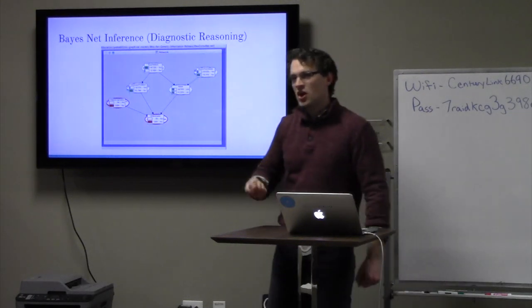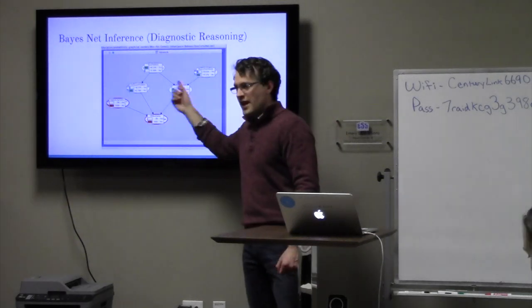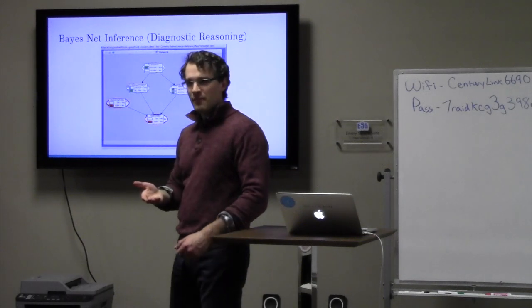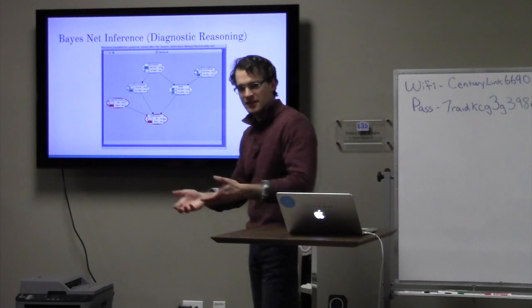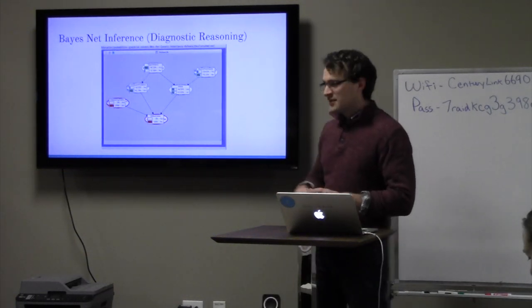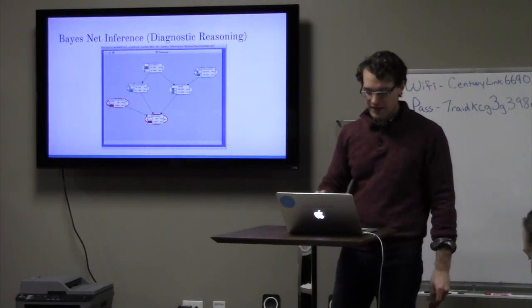That allows you to diagnose the cause of those observed effects. If this were a graph that represented illnesses, then the fact that you know I have lung cancer might tell you something about whether or not I'm likely to smoke, right? That's an example of diagnostic reasoning. The nice thing about Bayes nets is you can, knowing one thing, reason about other areas in it. So you don't always have to use the same target variable.